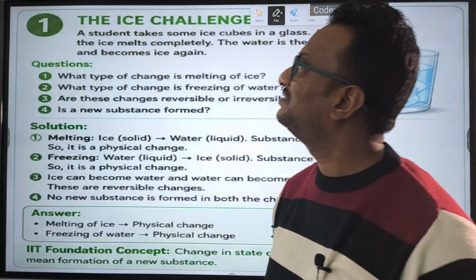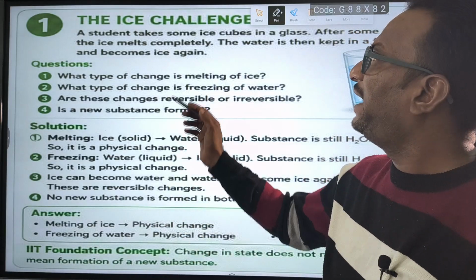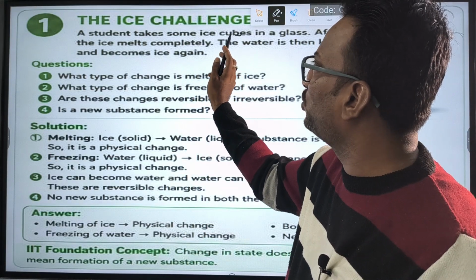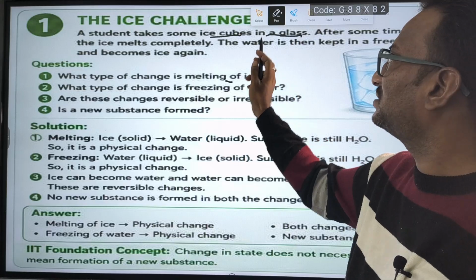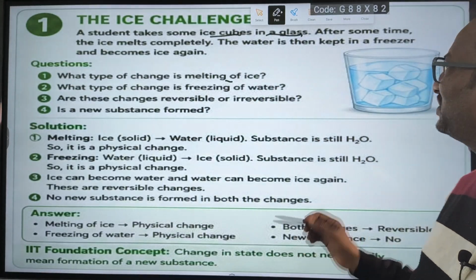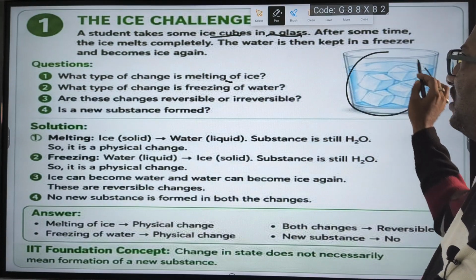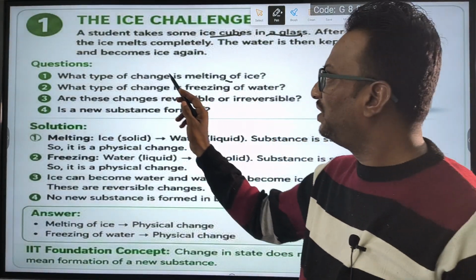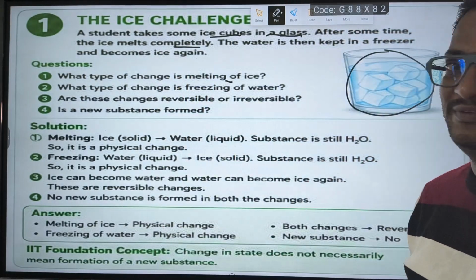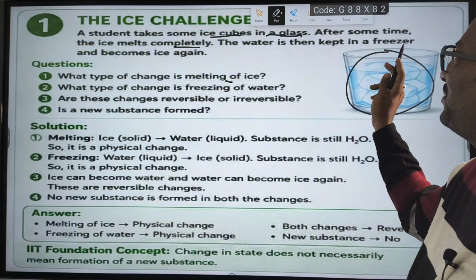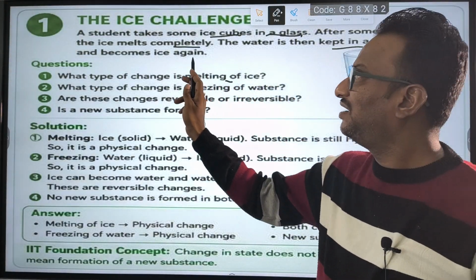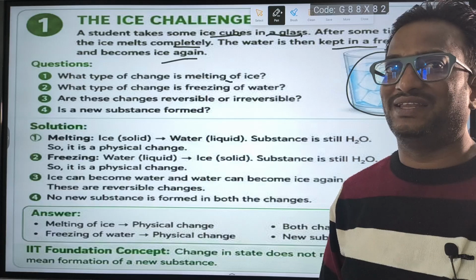Now, a student takes some ice cubes in a glass. After some time, the ice melts completely. The water is then kept in the freezer and becomes ice again.